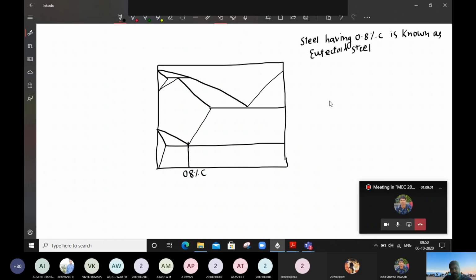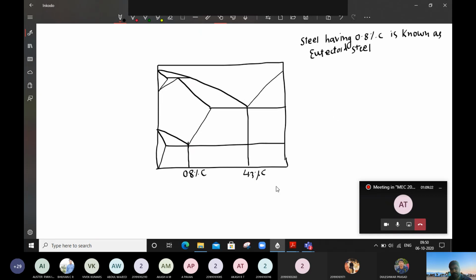Now tell me, what is eutectic steel? So here, what is the composition? Do you remember what is the composition over here? So 4.3%. Correct, exactly. Good. So here we are having 4.3% carbon.